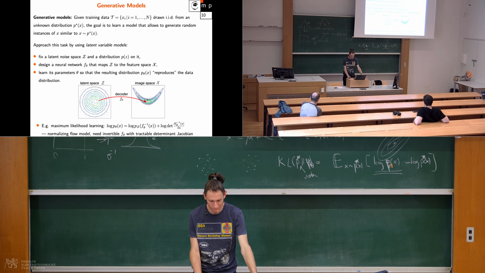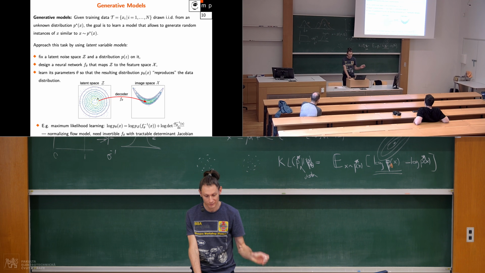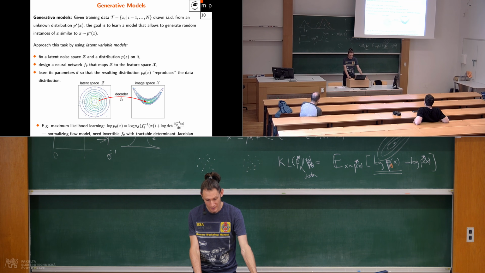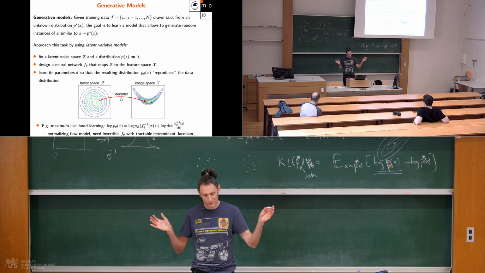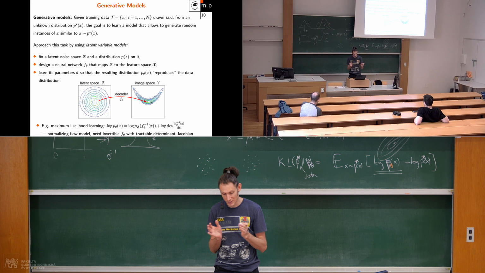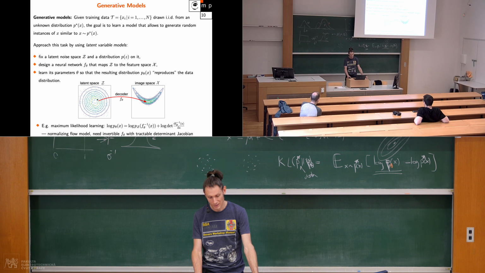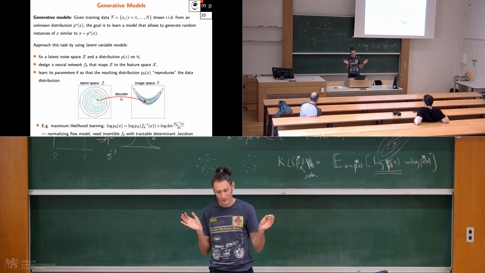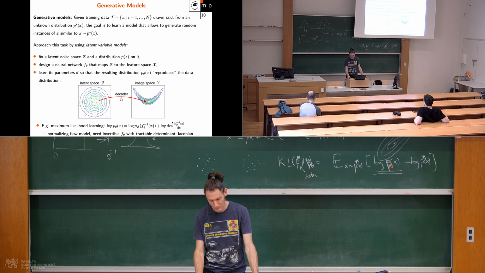For any given data point, we need to map it back, to see where it comes from in the latent space, then take the density at that point in the latent space. And also, because this decoder can squash or stretch the space, we need to compensate for how the density stretches under this transformation. So there occurs this determinant of the Jacobian of this mapping.